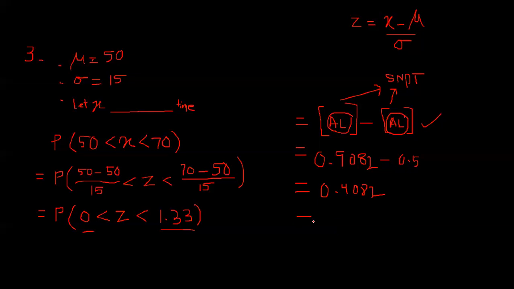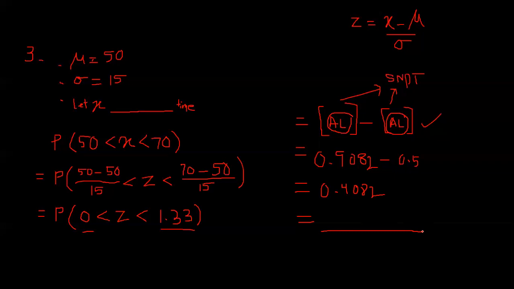So what can you state in your final answer when you got 0.4082? You must state that the probability that John's computer has a length of time between 50 to 70 hours is equal to 0.4082.